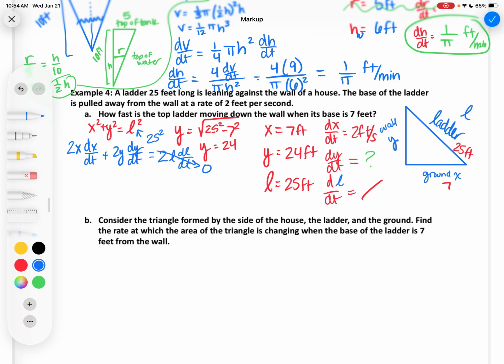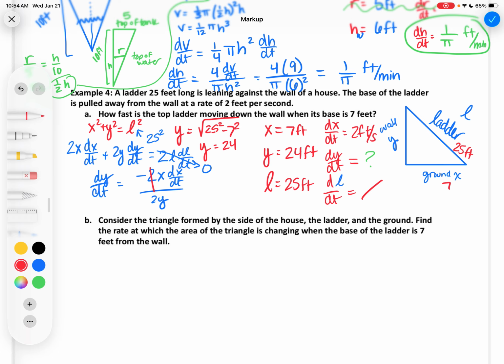But if we know something's a constant value and can't be changing, then obviously you can just plug in the number straight up. So I'm solving for dy/dt. I'm going to subtract the 2x dx/dt and then divide by 2y. So dy/dt equals negative 2x dx/dt over 2y.